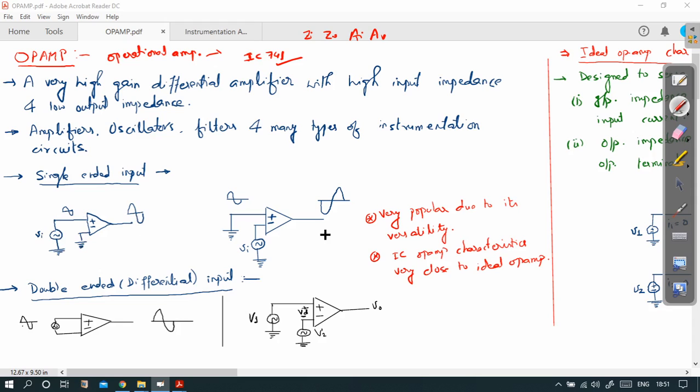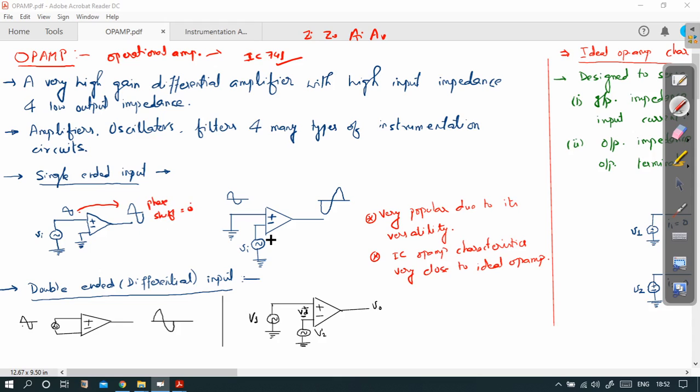Remember, if the signal is applied at the positive non-inverting terminal, there is amplification, meaning the output is an amplified version of the input signal, and there is no phase shift between them. In this case the phase shift is 0.